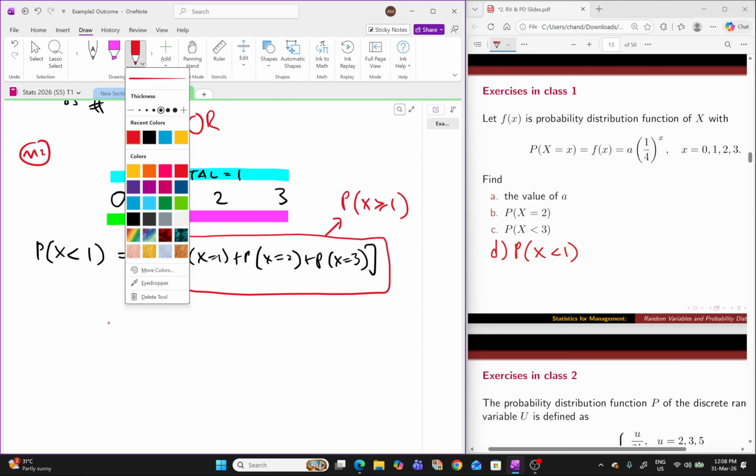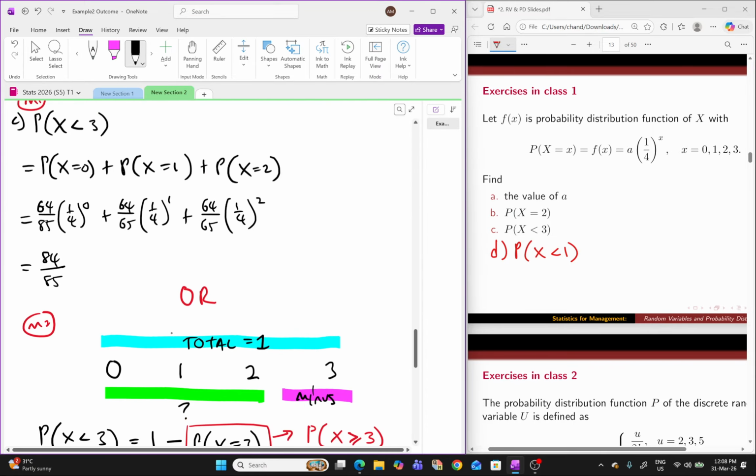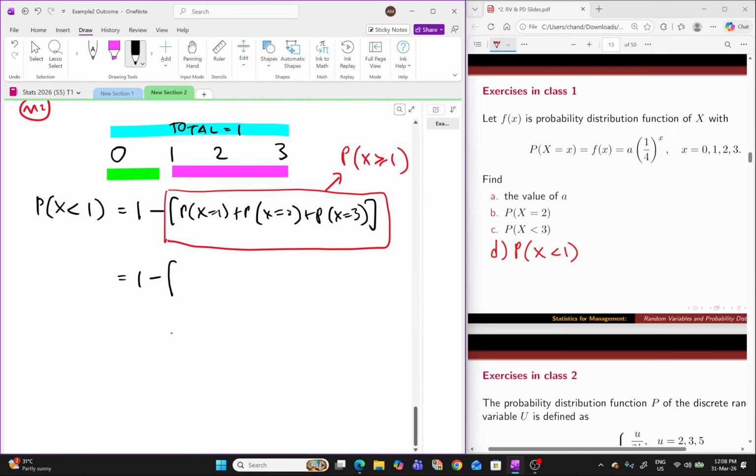Now if you do this, we have done this, isn't it? Earlier we have done this. 1 is what?